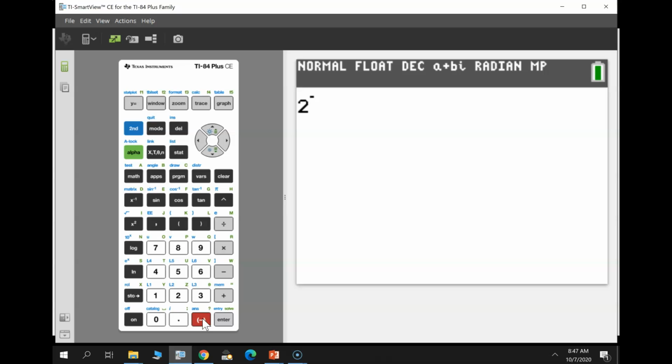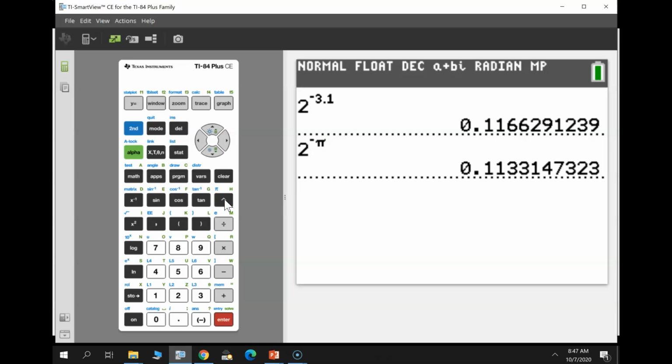All right, so negative 3.1, and then we had 2 to the negative pi, and pi on your calculator is right here. Again, you can see it in red, so I had to hit second and then that button to access the second option of pi.